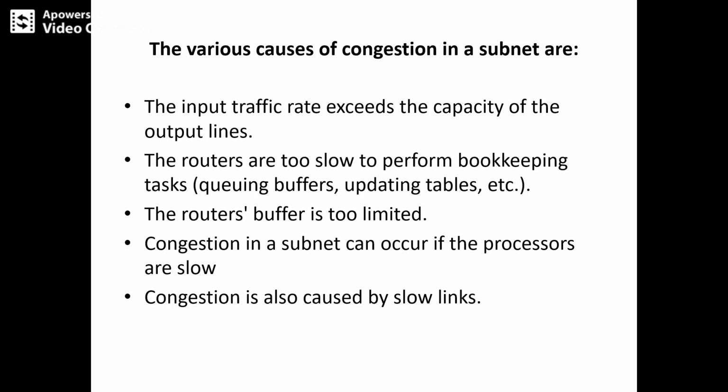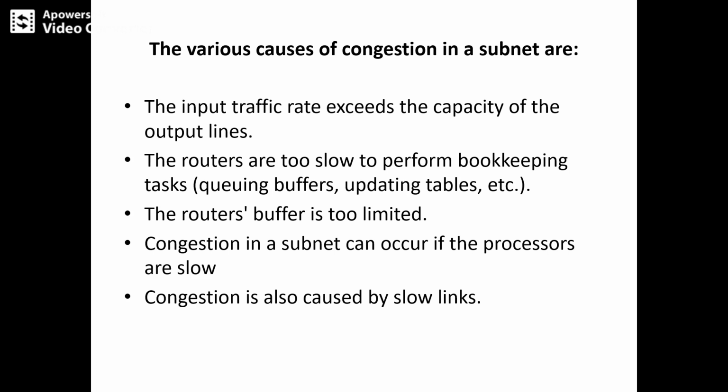So there are many causes of congestion in a subnet. We have listed some of the causes here. The first one: the input traffic rate exceeds the capacity of the output line. This is what we are considering the primary cause.